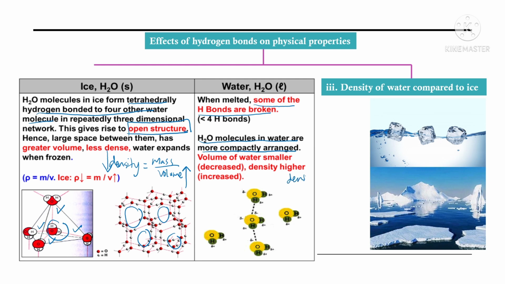Therefore, density is equal to mass over volume. In liquid water, as water molecules can pack more closely together, liquid water will have a smaller volume and therefore larger density. And because of this, we see phenomena such as ice floating on the surface of water.